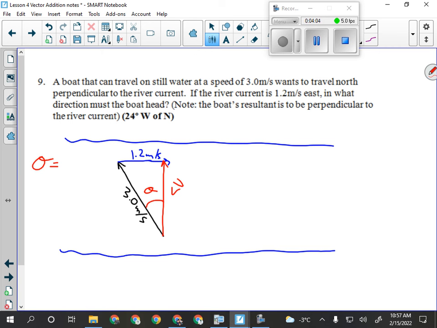I don't even have to find out how fast I end up going across; the question doesn't ask that. It just wants the angle. So sine to the minus 1 of the opposite side, 1.2, over the hypotenuse, 3. That should give me 24 degrees west of north for my heading.